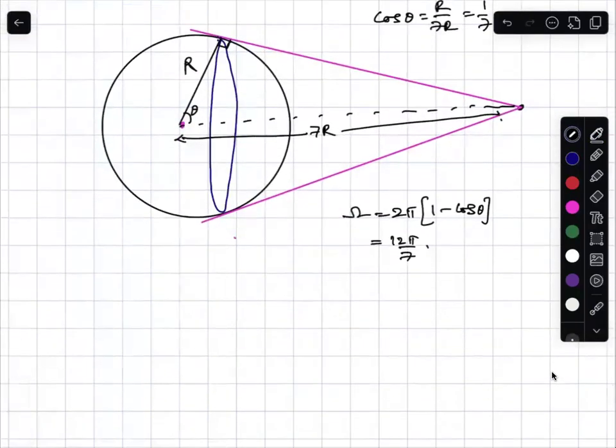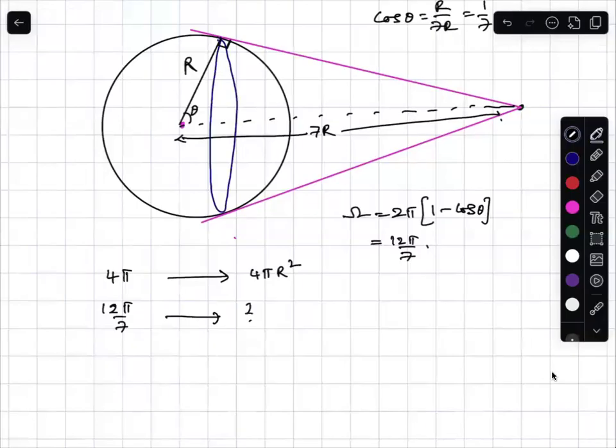If the solid angle is 4 pi, then the area covered is 4 pi R square, the full sphere. For 12 pi by 7 solid angle, how much area is covered? Are you clear? For a full closed object, it is 4 pi, you know already, 4 pi R square in that case. But the solid angle which you are covering is only 12 pi by 7.